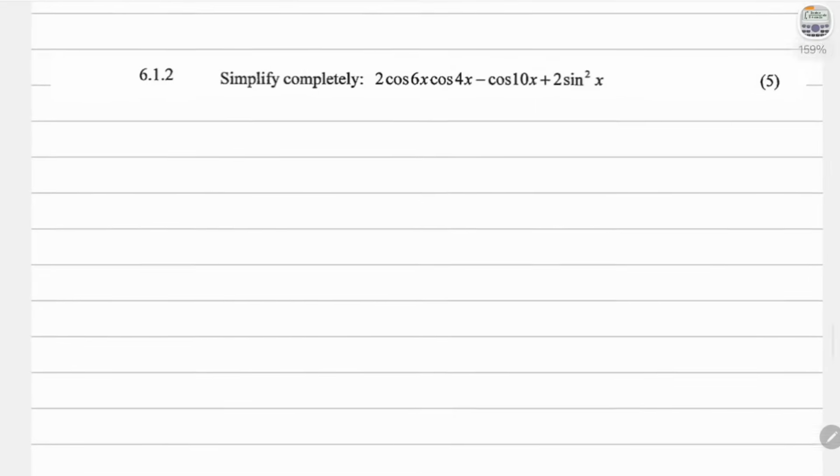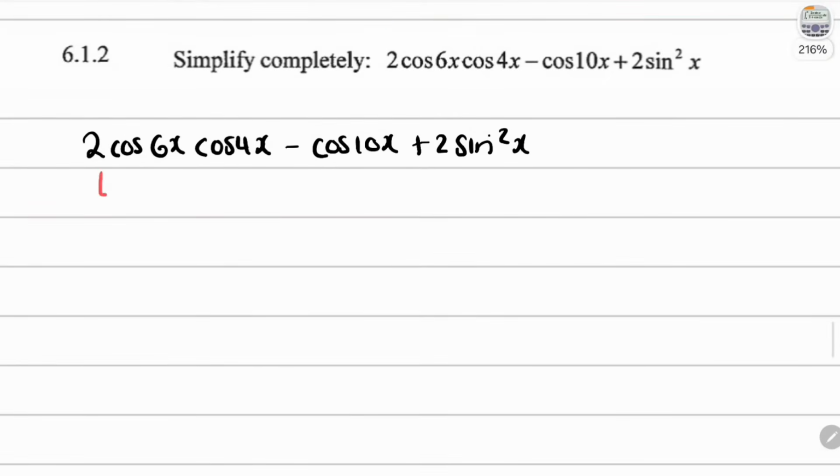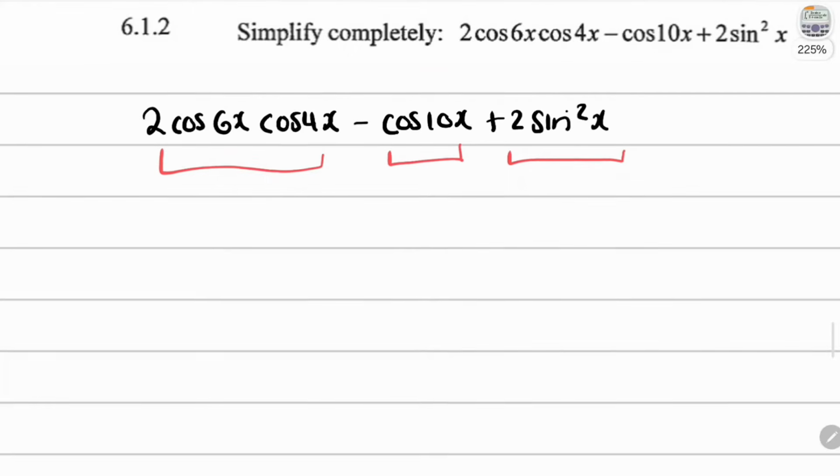Question 6.1.2 says, simplify completely. So we have 2 cos 6x and cos 4x. Then we have minus cos 10x and plus 2 sine squared of x. Notice that these are 3 separate terms. And because they are 3 separate terms, there's some simplifying that needs to happen, but we need to think about it carefully.